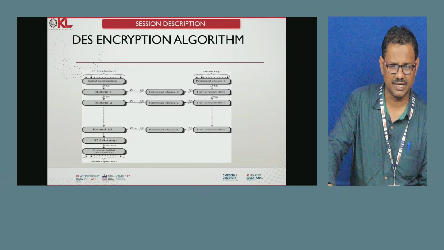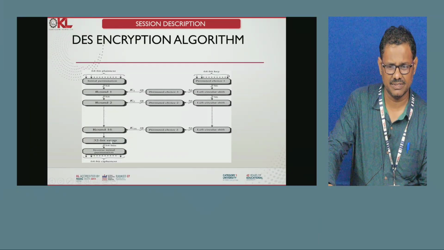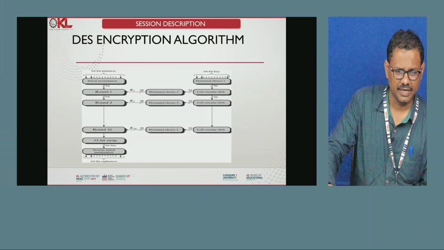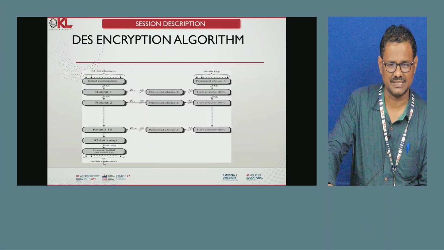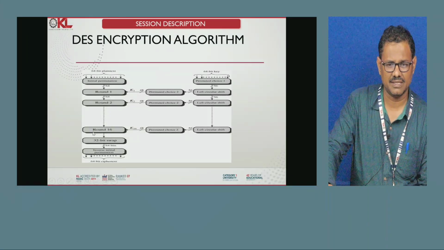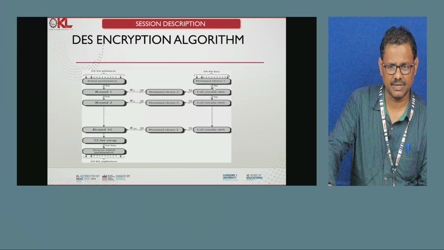After round 16, we apply a 32-bit swap. We swap the left-hand side and the right-hand side, where the data is divided into two parts that should be swapped. Again, we apply the inverse initial permutation, and finally we get the 64-bit cipher text. This is the DES encryption algorithm. Here we are generating rounds as well as keys in parallel.